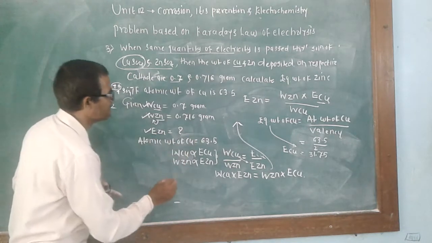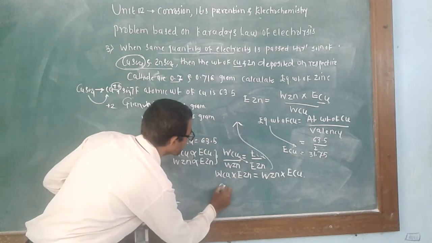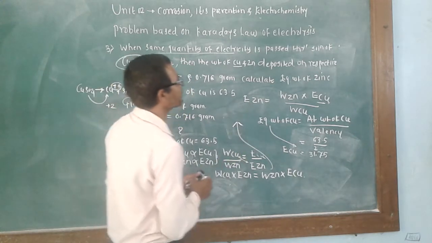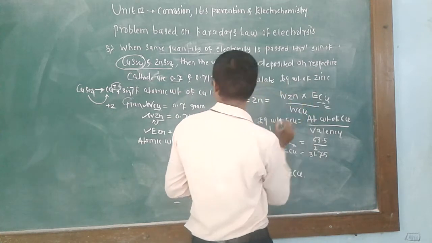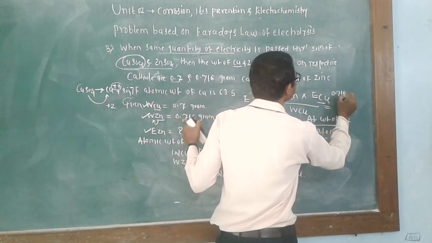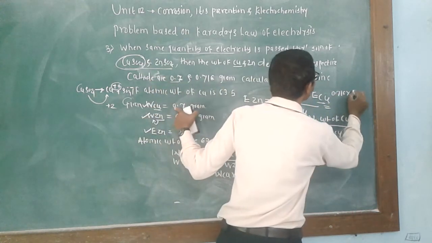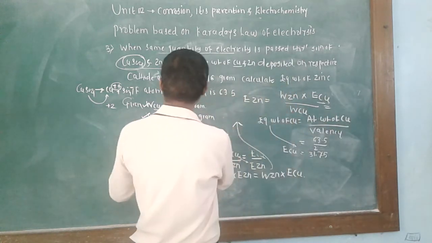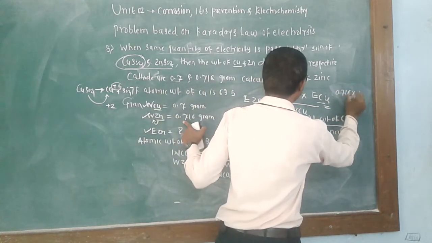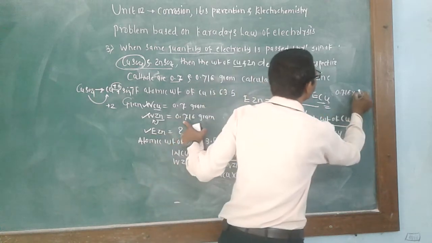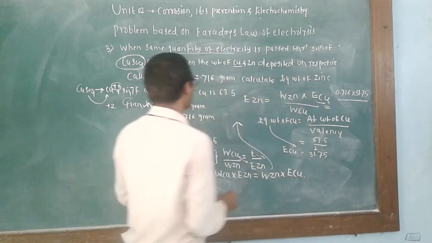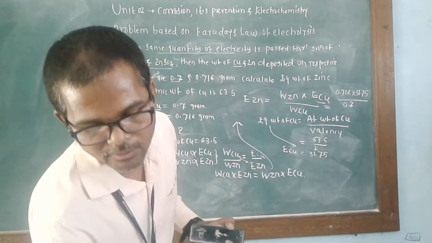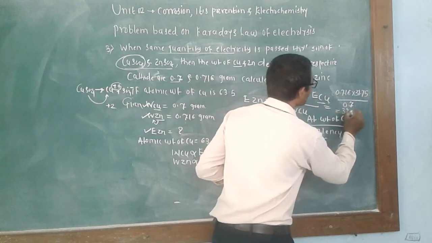Put this value into the equation. W copper is 0.7. Here W copper 0.7 divided by W Zn, W Zn, the weight of zinc, is 0.716, multiplied by E copper, which is calculated here, 31.75, and the weight of copper is given, that is 0.7. When you do this calculation, you will get this value, 32.47.